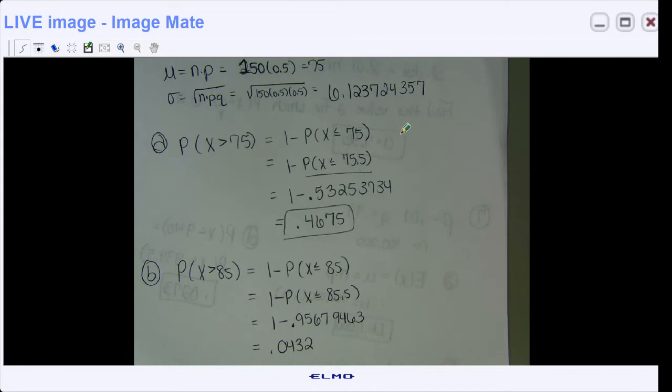So you have a very small chance that more than 85 of them will wait more than 30 minutes.